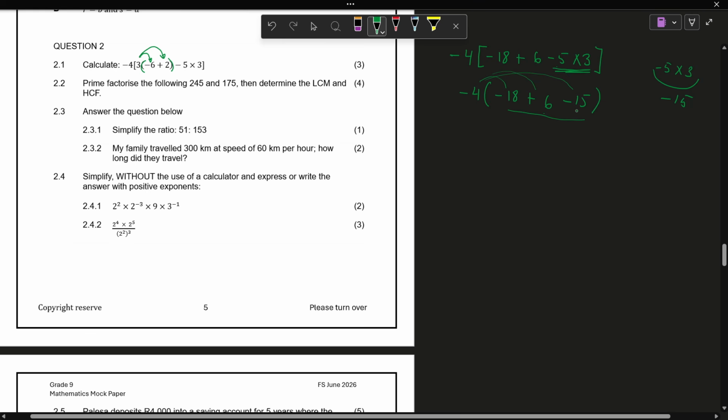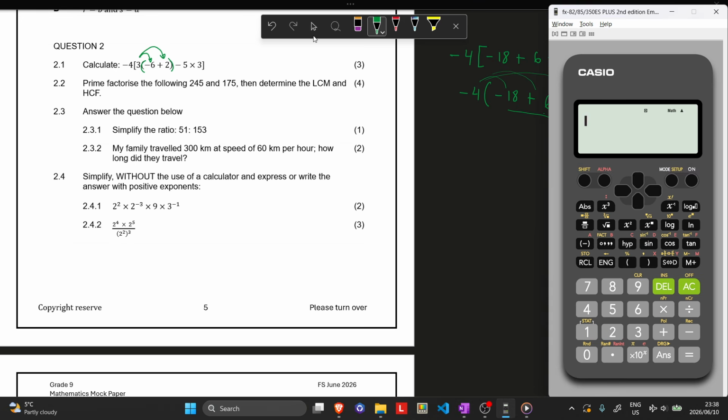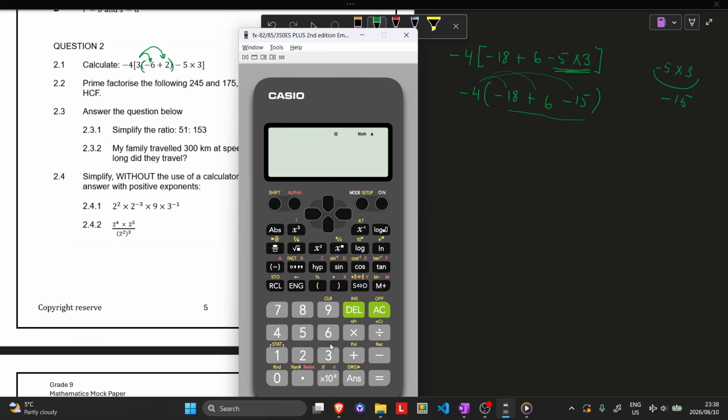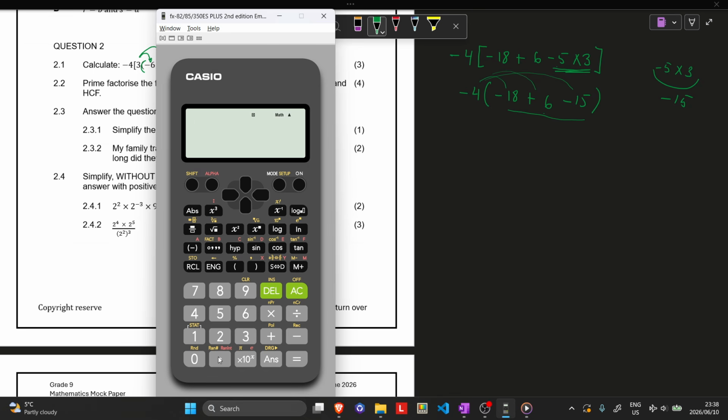What's inside the bracket is, if you want, you can just take a calculator if you're not sure about yourself, so that you don't waste much time. Let me just move the calculator to this other side. So let's decide minus 4. You open the bracket.